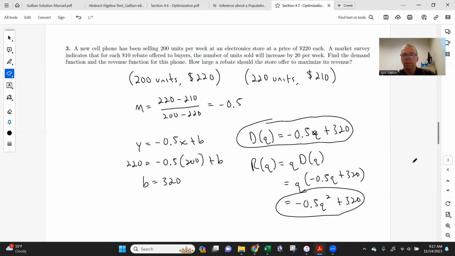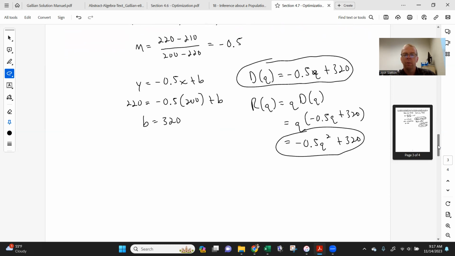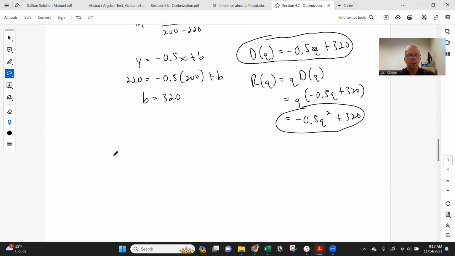Now, how large a rebate should we give to maximize revenue? So we're going to take the derivative of the revenue, find r prime. We get negative q, sorry, that should be 320q, so negative q plus 320.